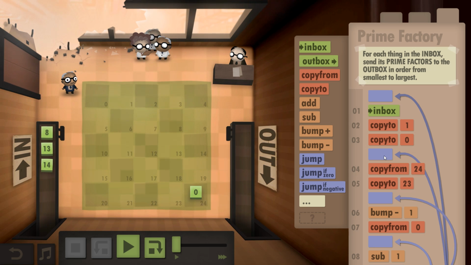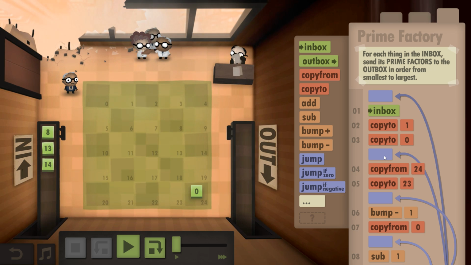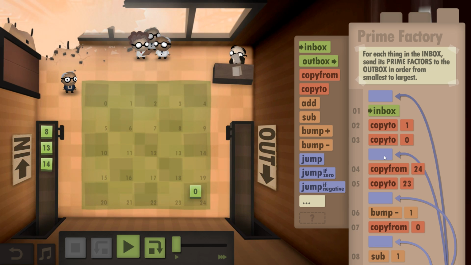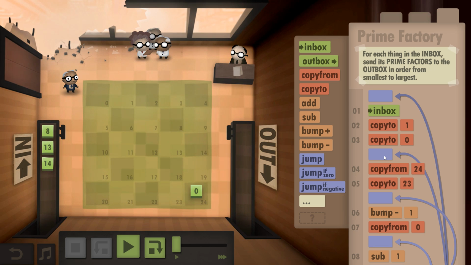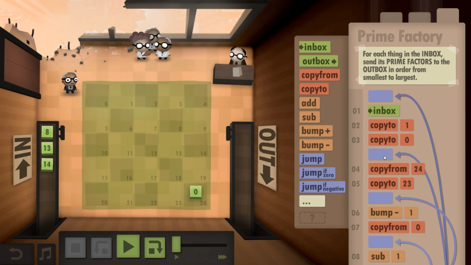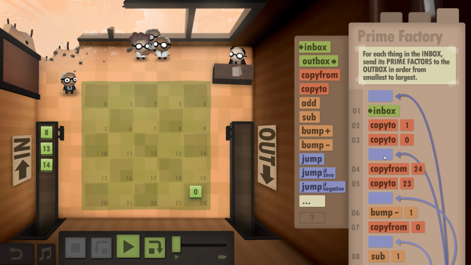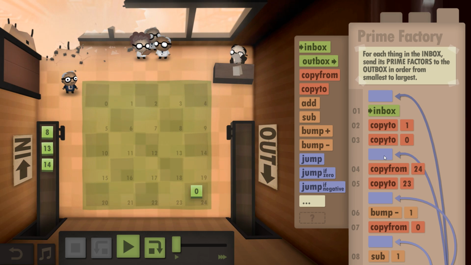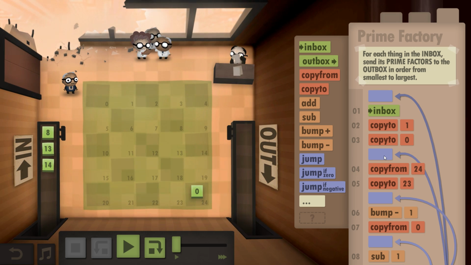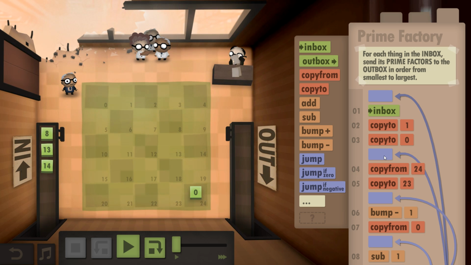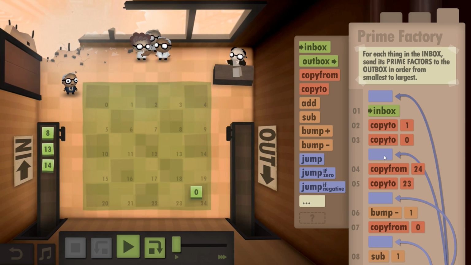For 11, that's the easiest way to get to 11: 7 plus 2 plus 2. Probably. Or 7 plus 3 bump, doesn't matter. So I have the 7 in my hand, add 3, copy to, bump, so 3 steps.